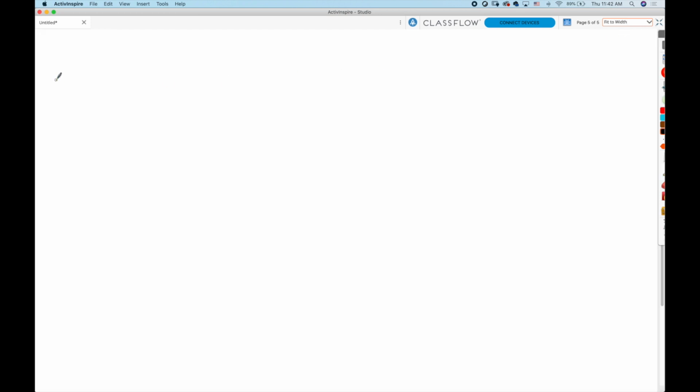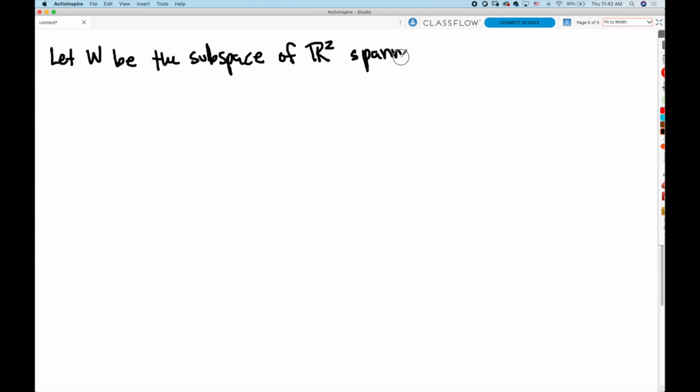Okay, let's do this next example. It says let W be the subspace of R2 spanned by x. And so that's going to be the vector 2/3, 1.